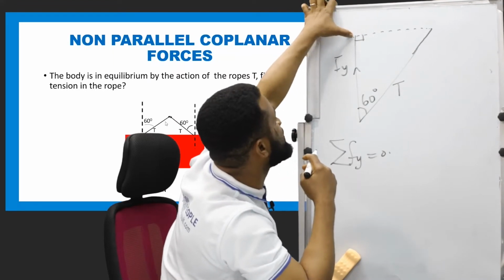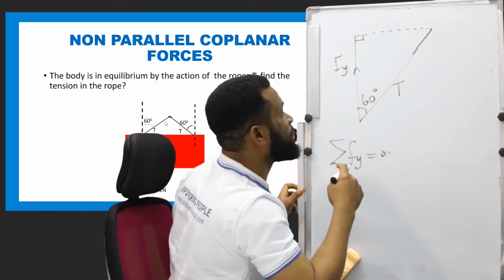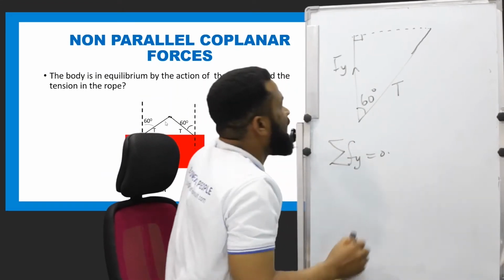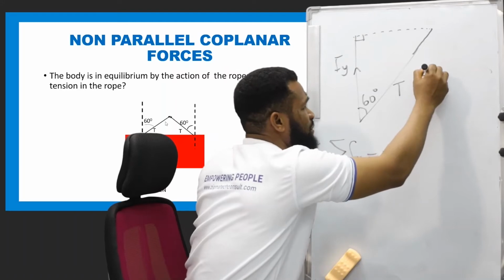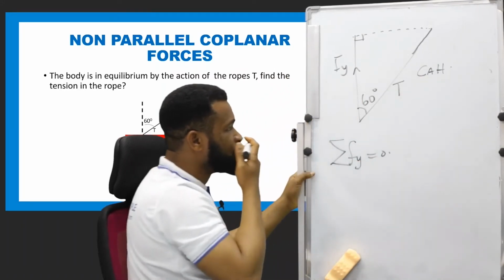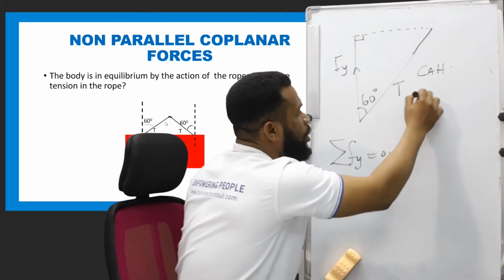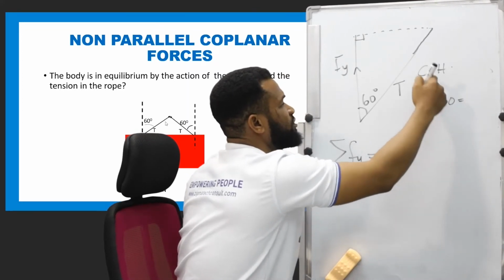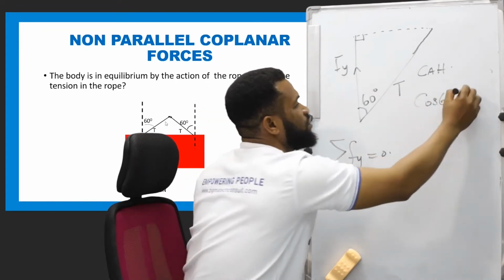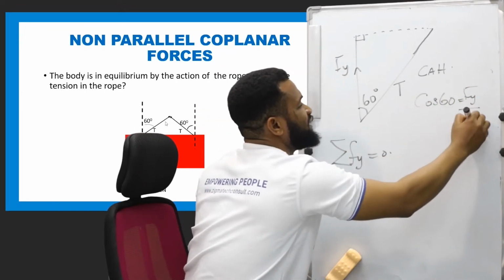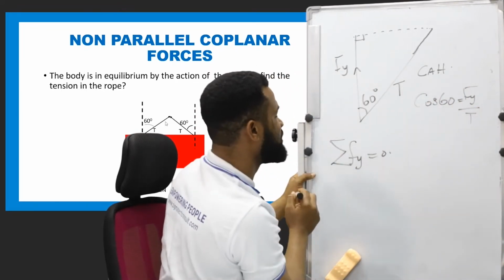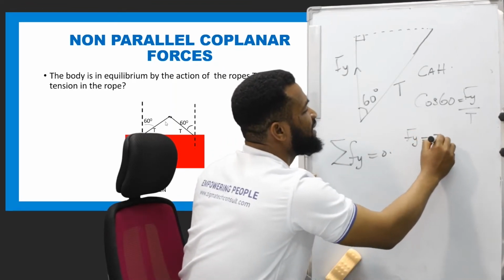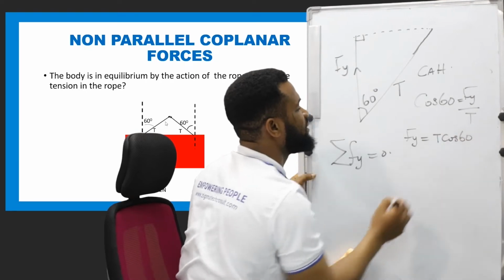In this right angle triangle, I'm going to apply trigonometric ratios to find Fy. Using CAH, cos of the angle 60 is equal to the adjacent, which is Fy, over T, the hypotenuse. Therefore, Fy is going to be T cos 60.